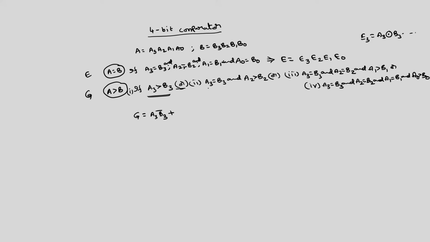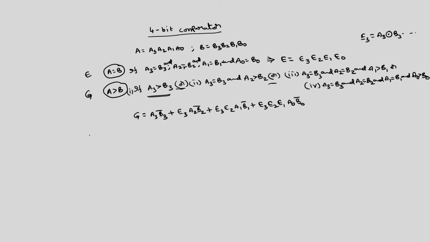Or means plus. A3 equal to B3 is E3, A2 greater than B2 means A2 B2 bar, or E3 E2 and A1 B1 bar, plus E3 E2 E1 and A0 B0 bar. This is the expression for G.